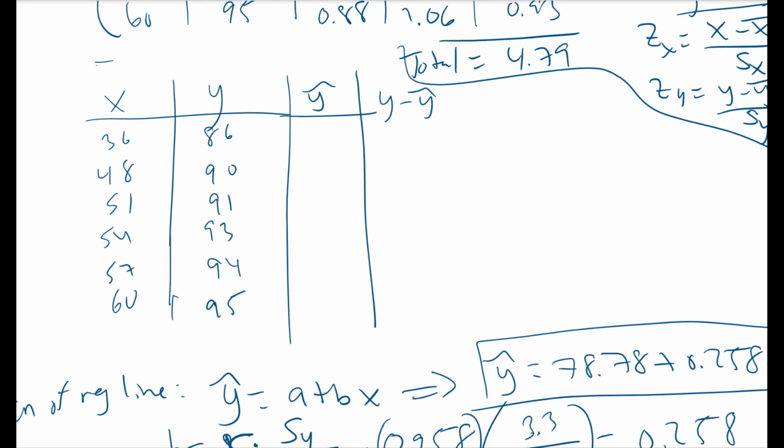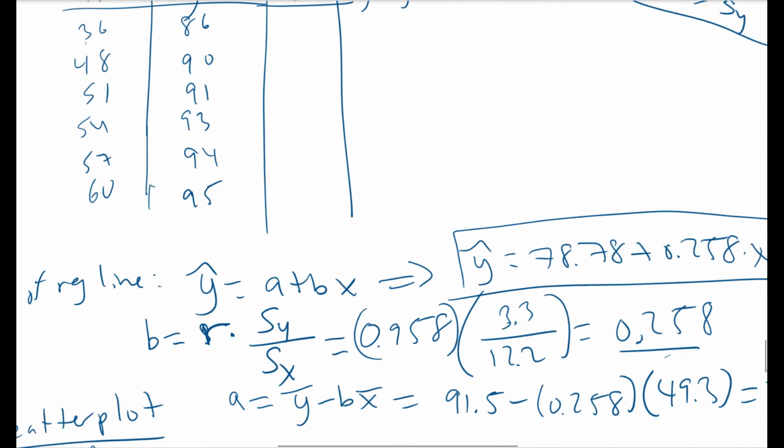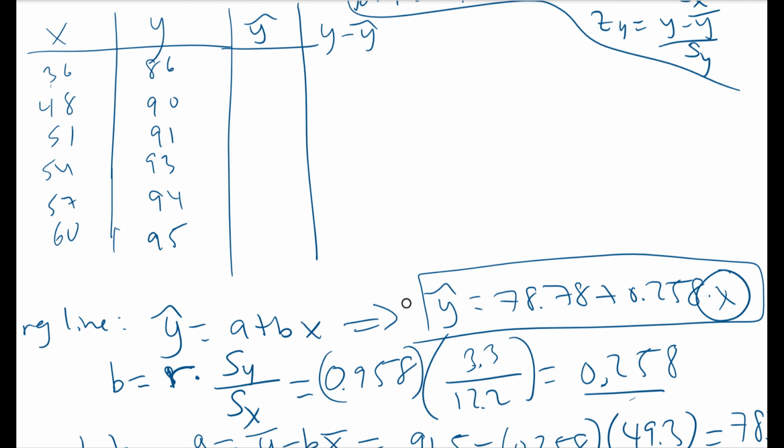Okay, so again, to find y hat for 36, all you got to do is plug in 36 into our equation for y hat. So remember our equation for y hat was this. So to find y hat, you plug in 36 in for x there. I'm not going to show you that calculation. That's a lot. So it's going to be 78.78 plus 0.258 times 36. So we'll plug that into that x value. And then we'll repeat that for all of them. Okay.